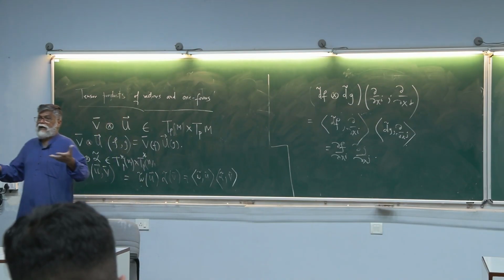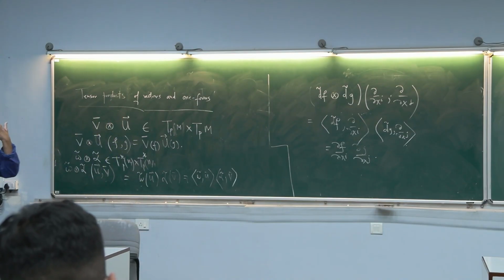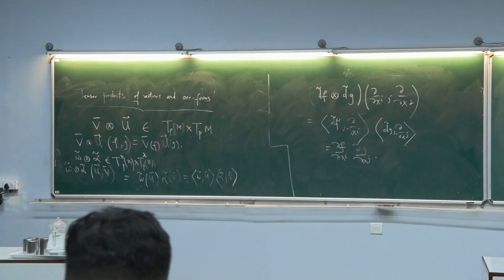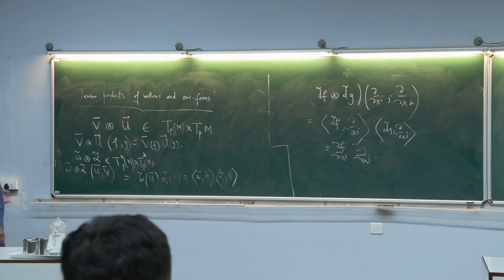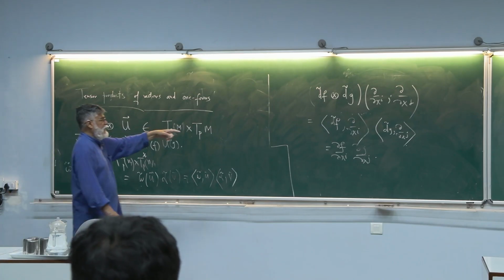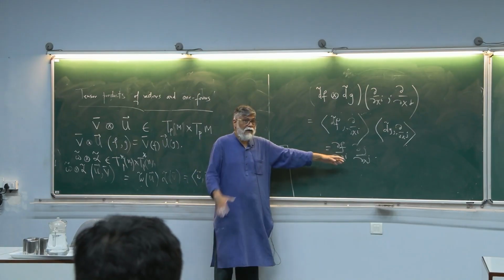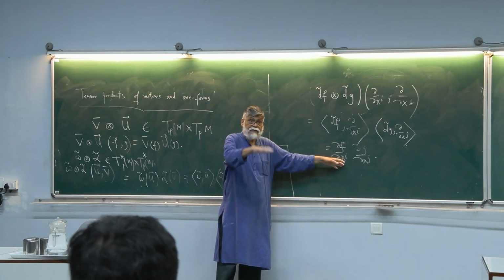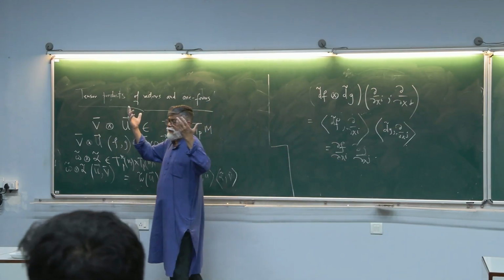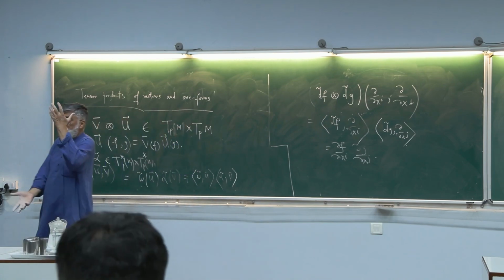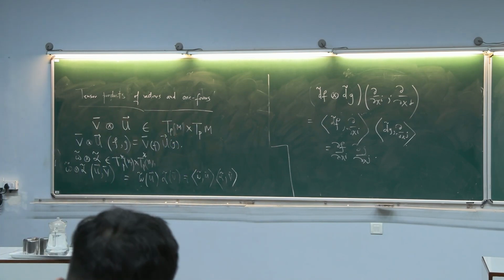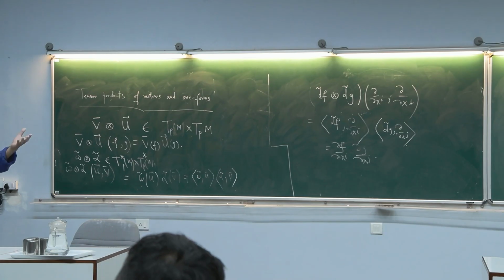So you can produce higher order tensor products, and then you can mix them, the tensor product of one forms and vectors, so that you can have mixed tensors as components. As you can see, this is nothing but components, right? So this is a covariant second rank tensor. You can generate arbitrary tensors by suitable mixtures of tensor products of one forms and vectors.